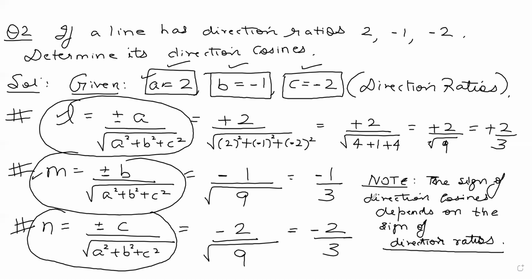You can see that when the direction ratios are positive, the direction cosines are also positive, and when the direction ratios are negative, direction cosines will also be negative.